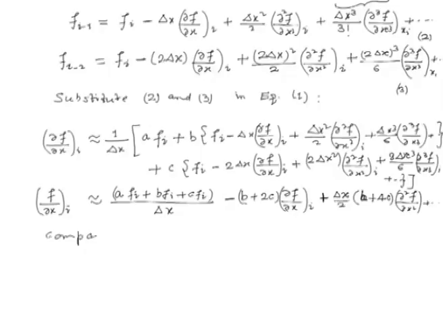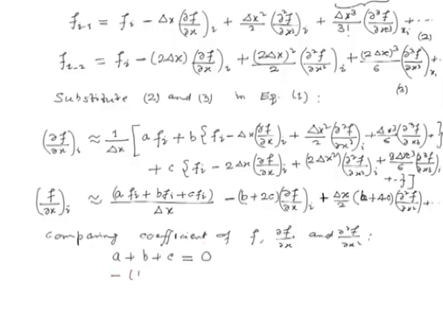So comparing these coefficients of f, del f by del x and del 2f by del x square, what do we get? a plus b plus c is equal to 0, minus (b plus 2c) is equal to 1, and b plus 4c would be equal to 0.